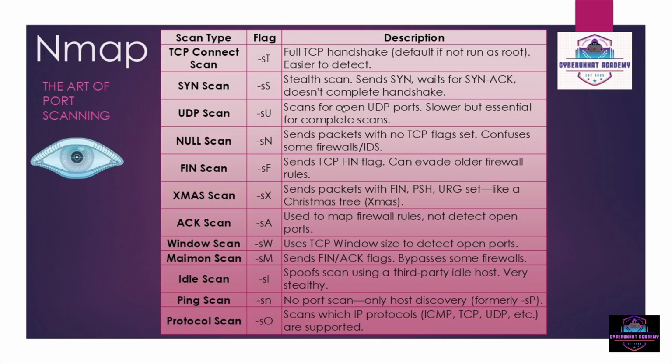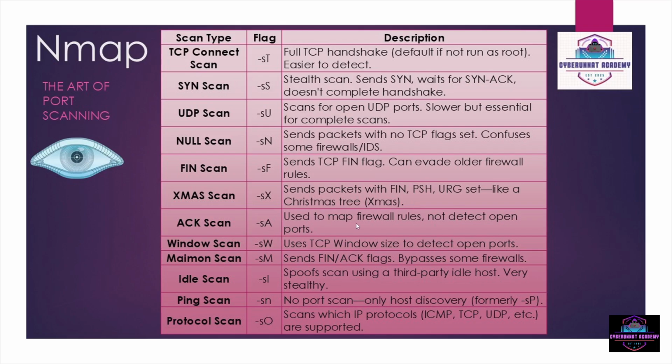UDP scan scans for open UDP ports, slower but essential for a complete scan. Null scan sends a packet with no TCP flags set, which confuses some firewalls and helps bypass them. Then FIN scan sends the TCP FIN flag and can evade older firewall rules. Xmas scan sends the packet with the FIN, PSH and URG flags, like a Christmas tree. It also helps to confuse the firewall.